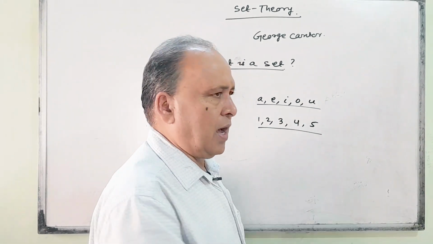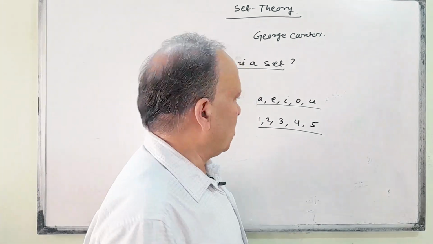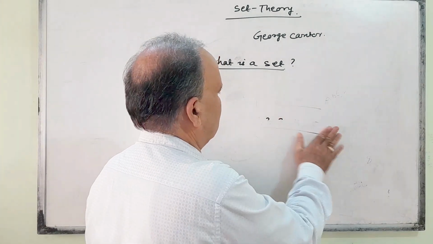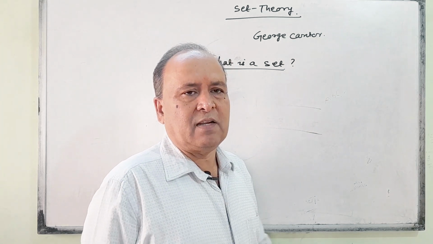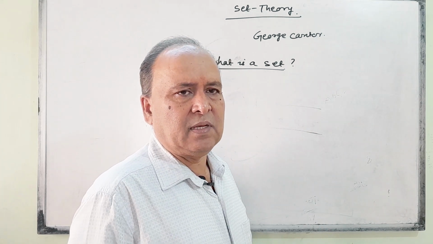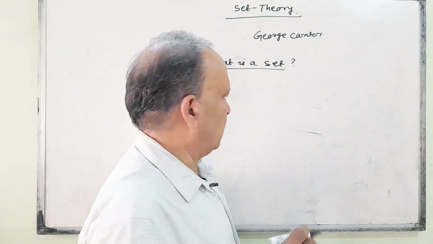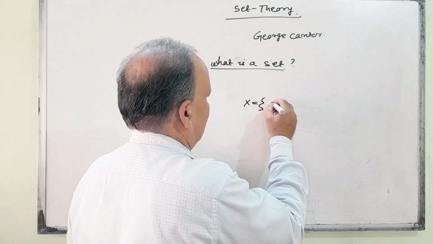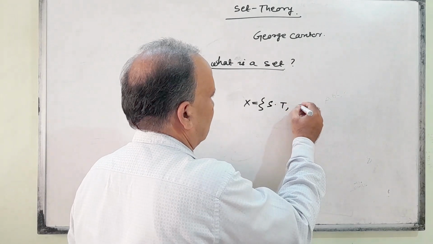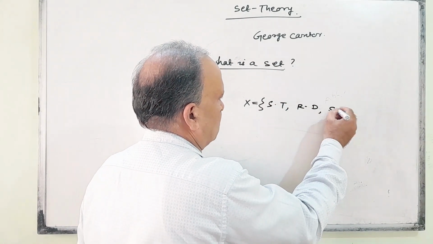Next, come to another point. Suppose anybody asks you, tell me the 3 best cricketers of India. Suppose X will say Sachin Tendulkar, Rahul Dravid and Sourav Ganguly.